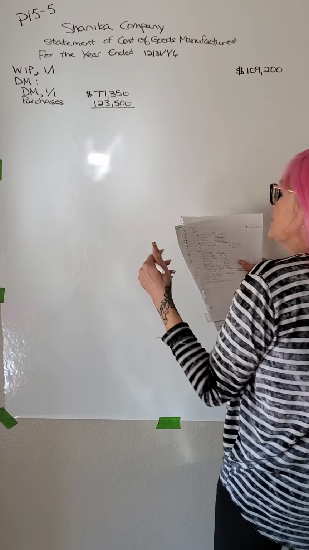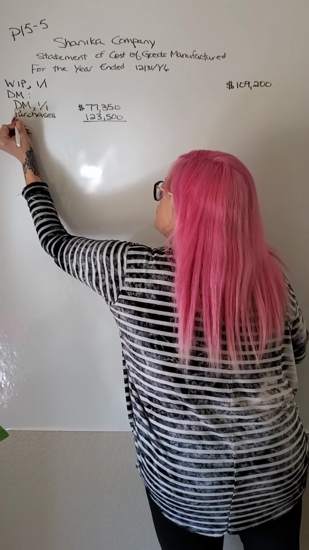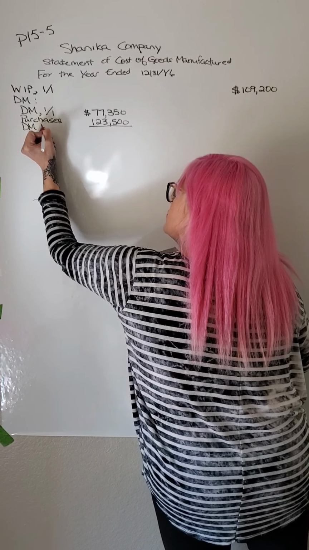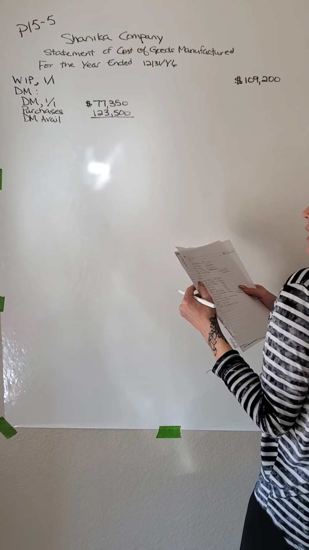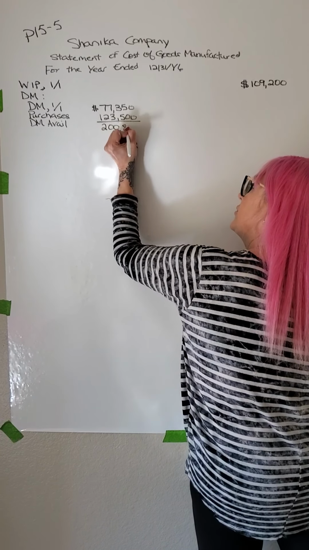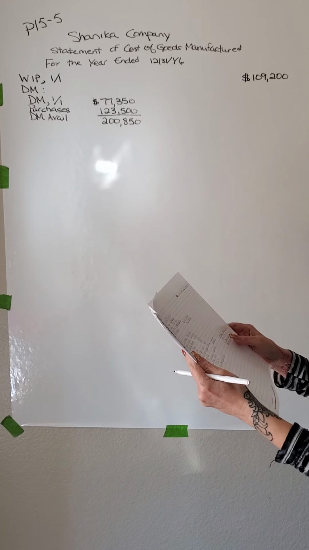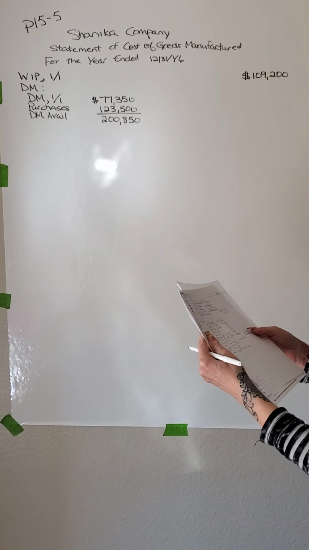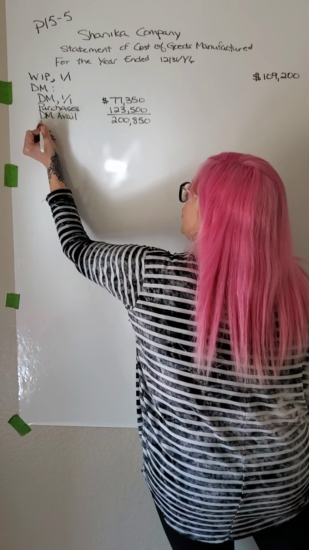And that's going to give us our direct materials available. So we're going to add those two together, and it's going to be $200,850. And this subtotal just says this is what we had available to use in production. So then we're going to subtract from that the direct materials inventory on 12/31.